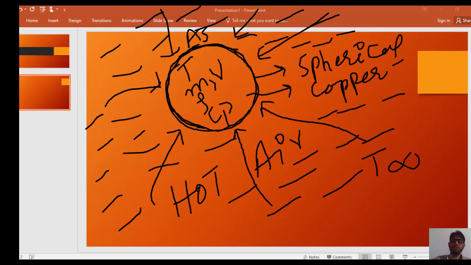For the surface of the sphere, the formula used is 4 pi r squared. This is the surface area of the sphere. And suppose the heat transfer coefficient of the air is H.